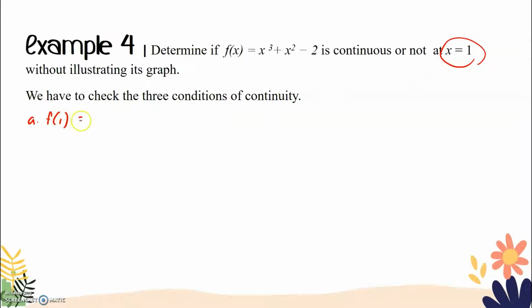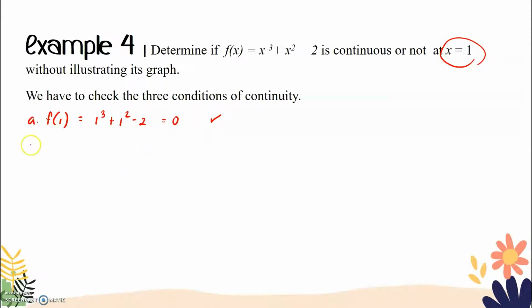Plugging in 1 to our function, we have 1 cubed plus 1 squared minus 2. That's 1 plus 1 minus 2, which is 0. Meaning to say f of 1 exists. So the first condition is satisfied.